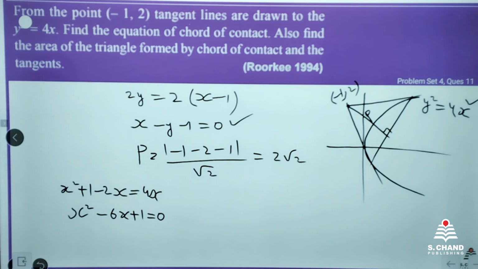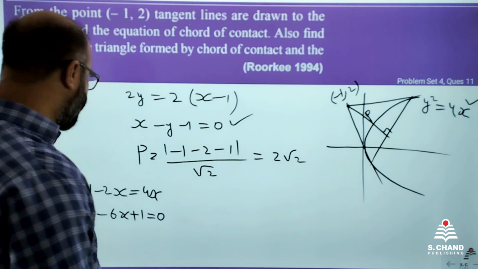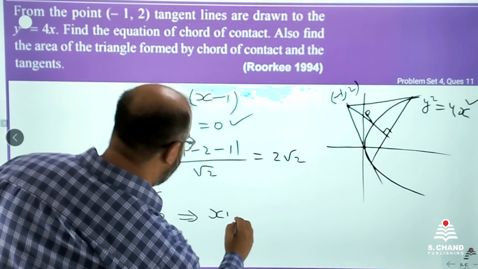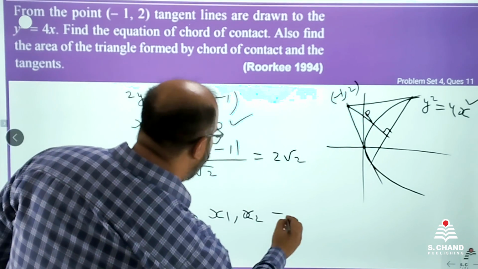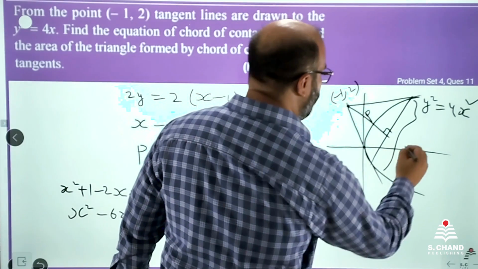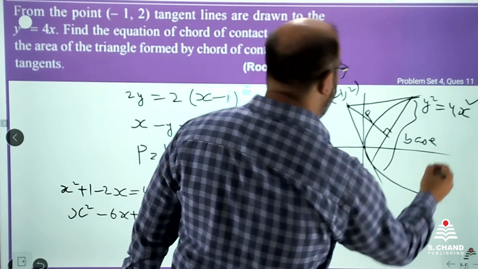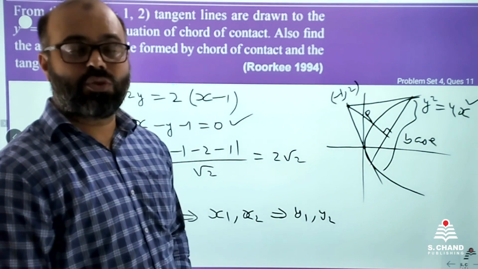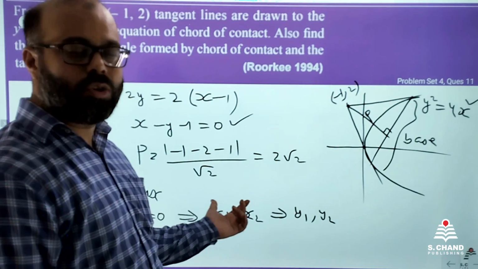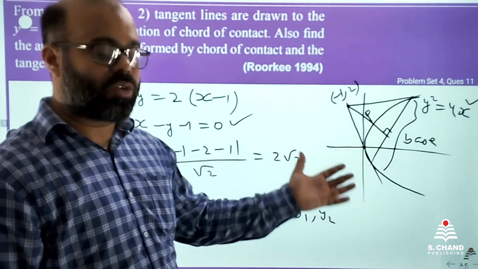This will give you two values, one is x1 and another one is x2. I am not solving further. From here you can find x1, x2, and correspondingly y1, y2, and find the length of this base. Then you can find the area of the triangle as half base into height. Or you can do some shortcut method here also.